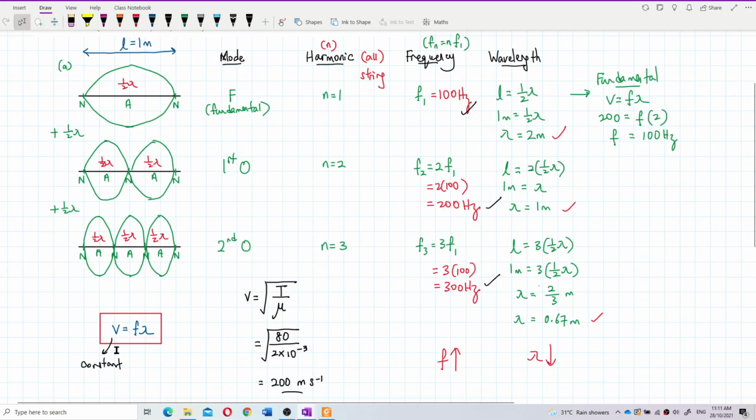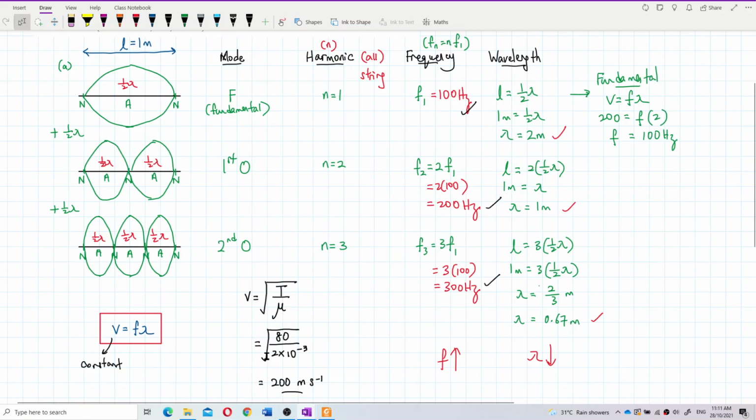Why is the speed of the wave constant? Because the tension in the string is the same, and you are using the same string, so the same mass and the same length. The mass per unit length is the same, so the speed is always constant.